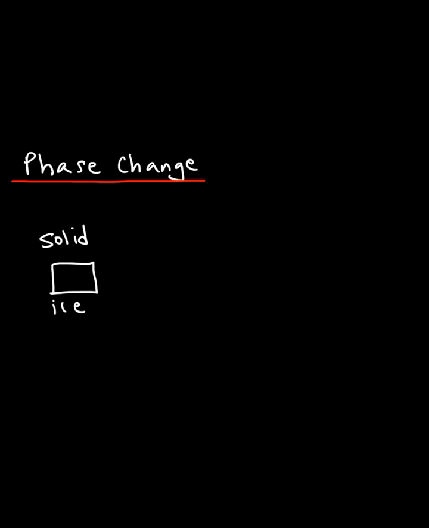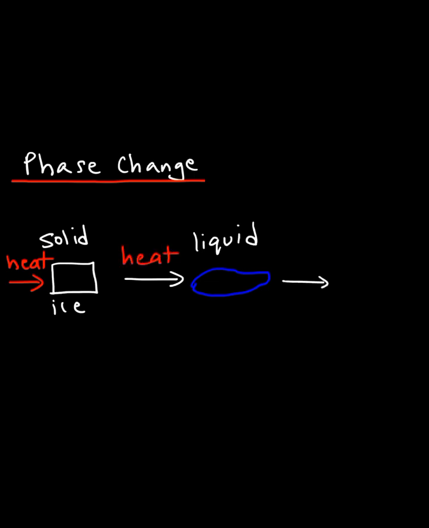If we add heat to ice, it's going to melt, and it's going to turn into basically a puddle of water. So it turns into a liquid. Now, if we add more heat to this liquid, it's going to vaporize into a gas, and so what happens is it becomes steam.